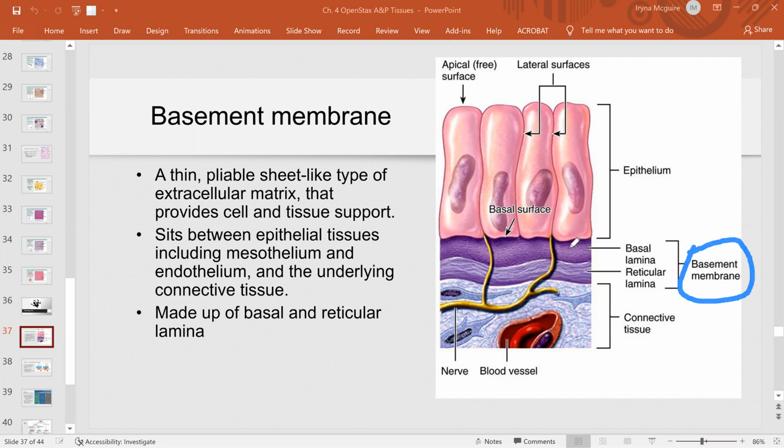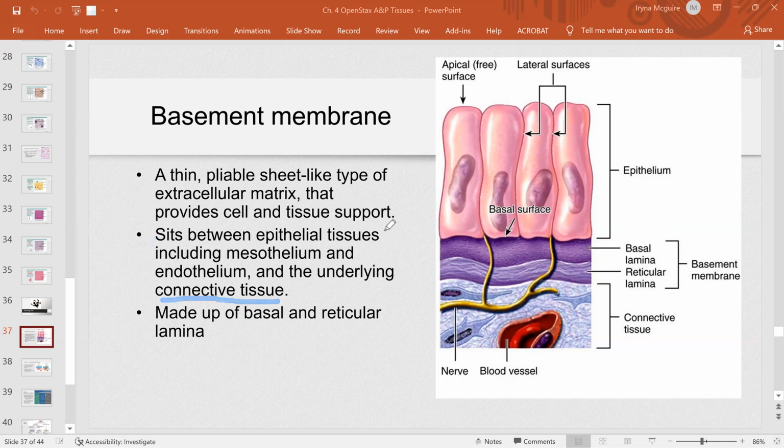Now, basement membrane is extracellular matrix, so it's mostly made of protein fibers, and it's divided into two lamina, basal lamina, most superficial, and reticular lamina. So basement membrane sits between epithelial tissue and underlying connective tissue.